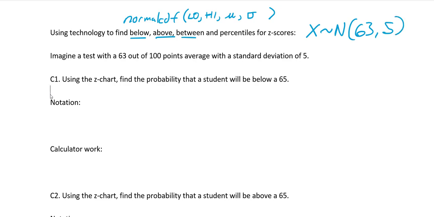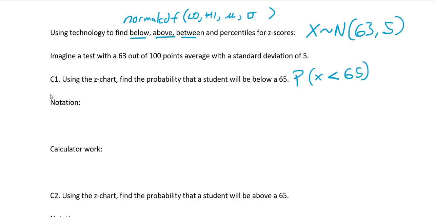So instead of using the z-chart, we are going to use the calculator to find the probability that the student will be below a 65. So this is asking for the probability that x is less than 65.